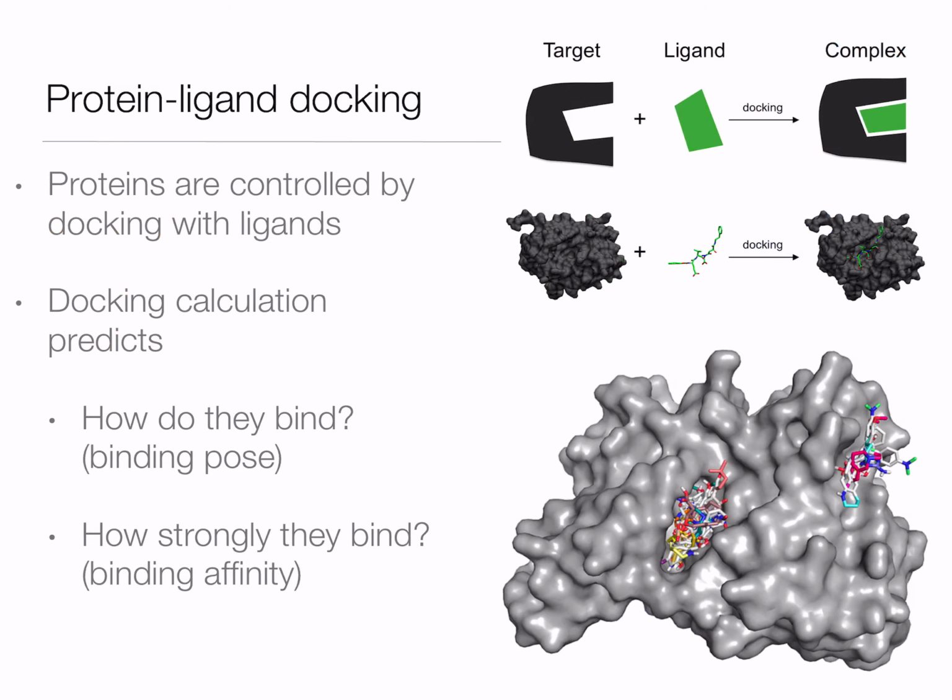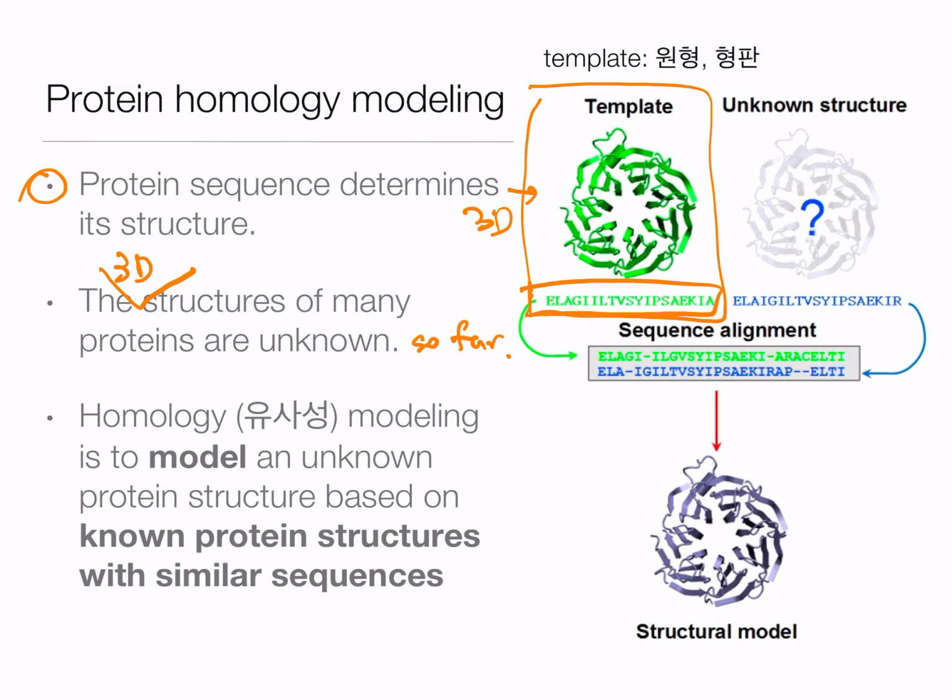But the protein we want to handle has this kind of sequence, and let's say its structure is not known. Then what can we do? Then we can model it. We can generate its structure using a computer.